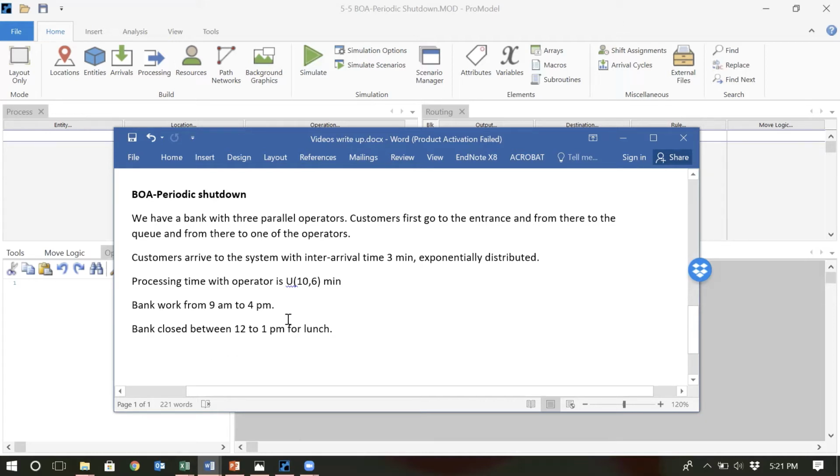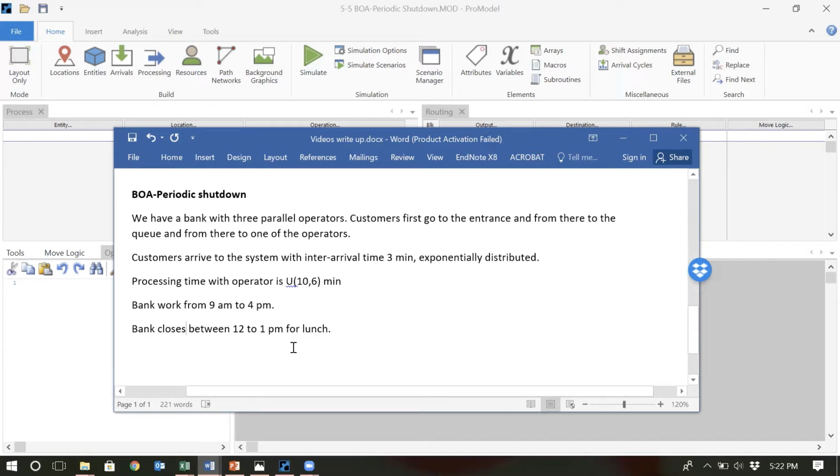However, each day, the bank closes between 12 and 1 p.m. for lunch. So that's the shutdown period as well. And also after 4 p.m., again, the bank closes. So we do not let any customer enter the bank in that period.